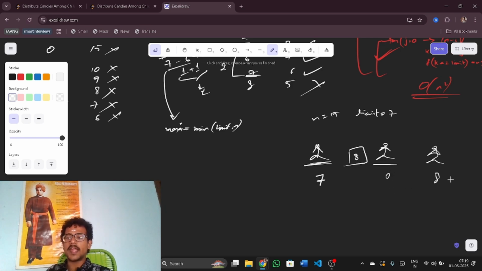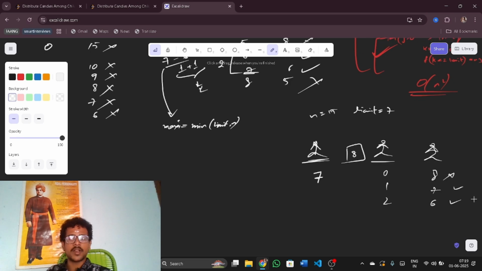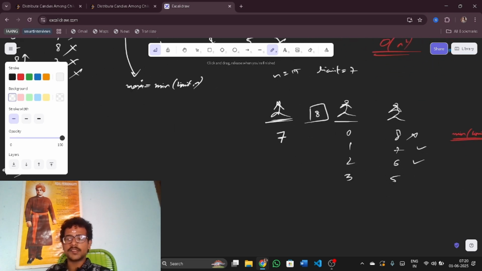But 0 and 8 is not okay. 1 and 7, okay. 2 and 6, this is perfect. 3 and 5, perfect. 4 and 4, perfect. 5 and 3, 6 and 2, 7 and 1, and 8 and 0, this is not perfect. Right? Now, what is the maximum that I got again, which is the limit, right?